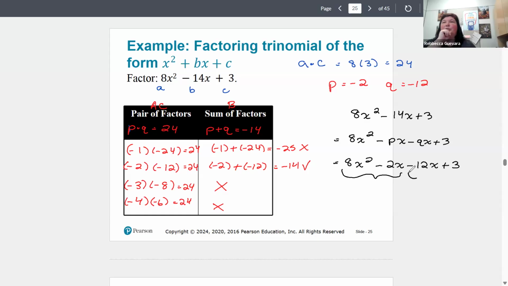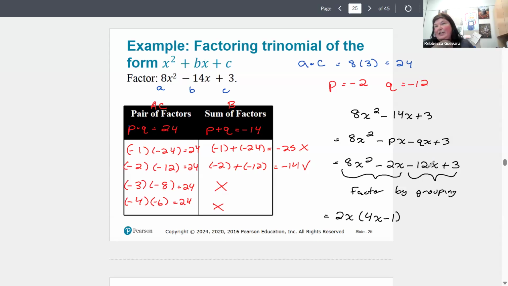So then we're going to do groupings. We're going to factor by grouping. So what we see here is that 8x squared and -2x, we can factor out a 2 and an x from both, leaving me with 4x minus 1. We have -12x plus 3.